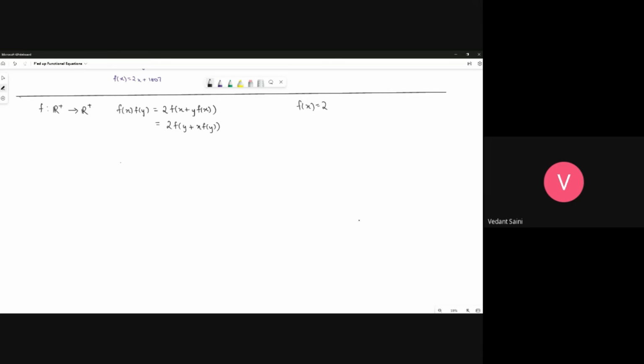So we try to force y equals x plus y f of x. Maybe it helps, maybe it doesn't. I'm just collecting thoughts, penning them down.